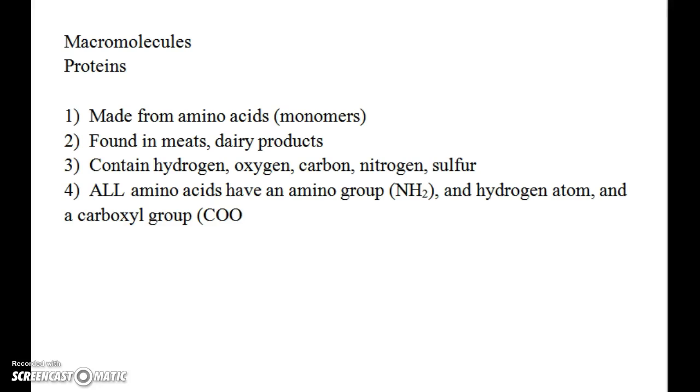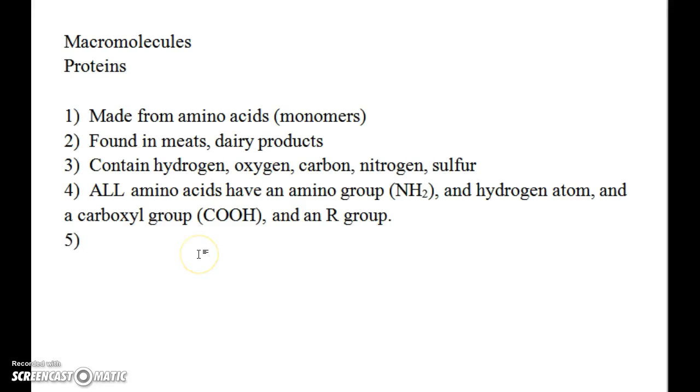Carboxyl is COOH. And an R group. And remember that it's the R group that creates a difference between the amino acids. The NH2, hydrogen atom, and carboxyl group are exactly the same.